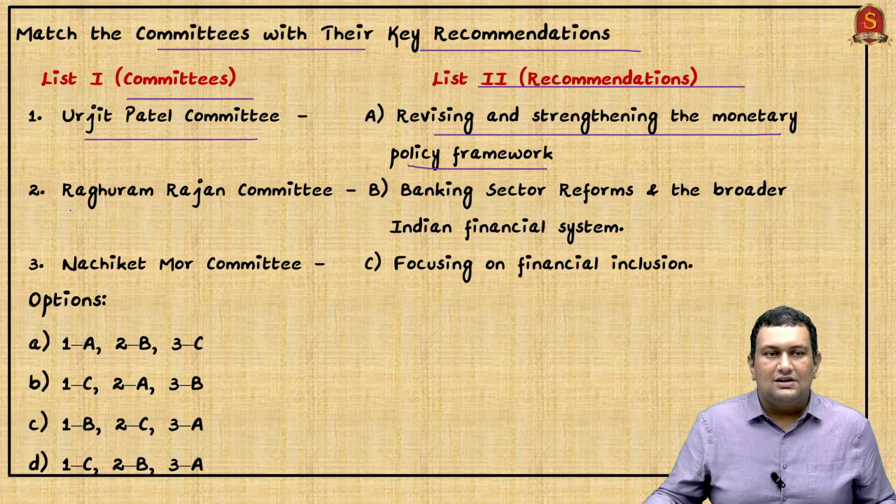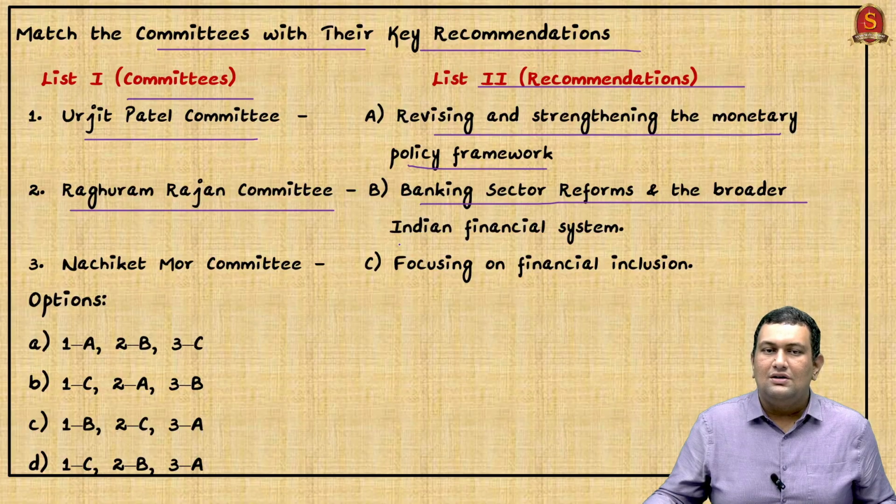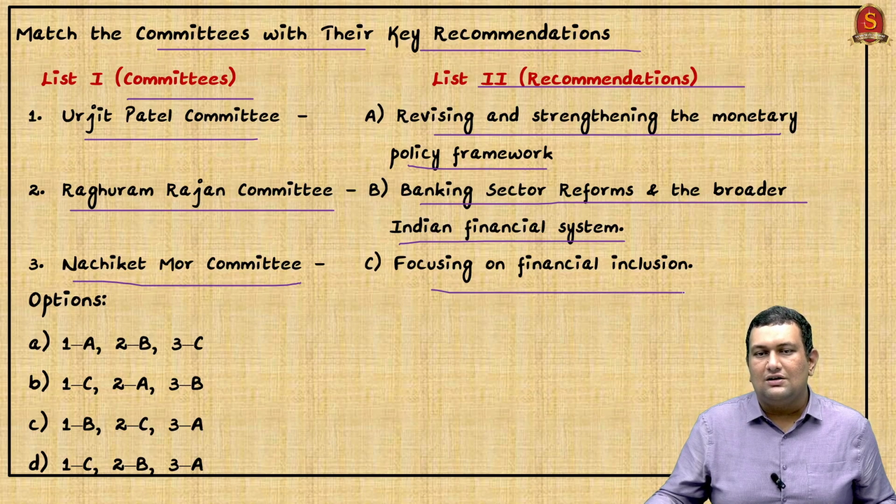Second one is Raghuram Rajan committee, and the recommendation is banking sector reforms and broadening the Indian financial system. Third committee mentioned is Nachiket Mor committee, and the recommendation is focusing on financial inclusion. They are actually matched as it is, so option A, 1A, 2B and 3C, will be the correct answer.